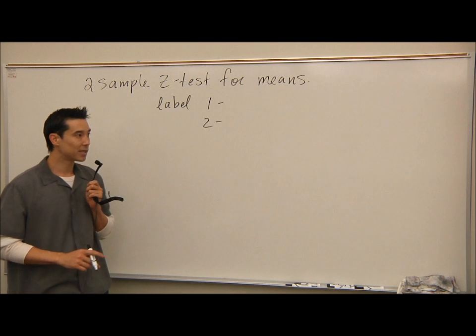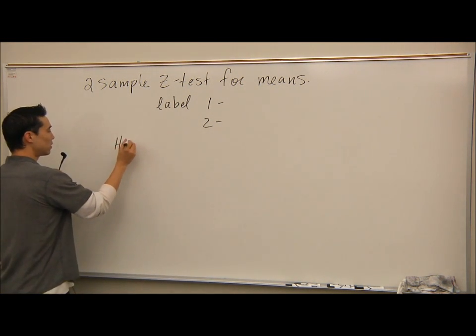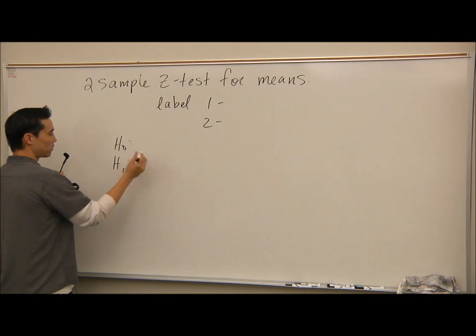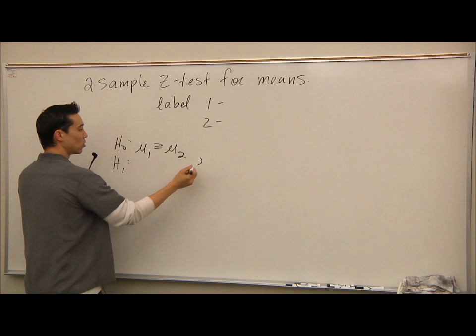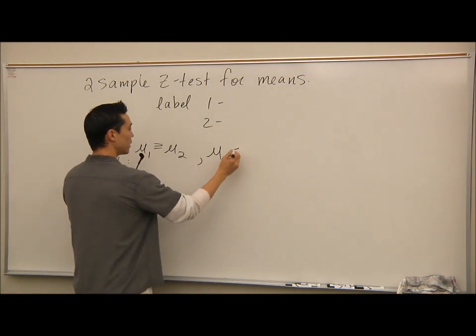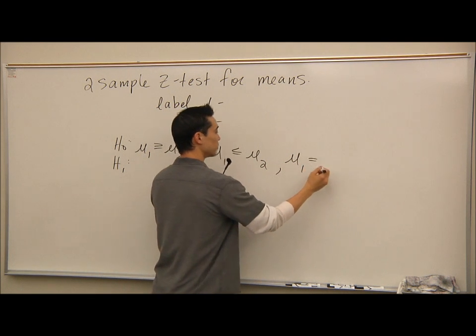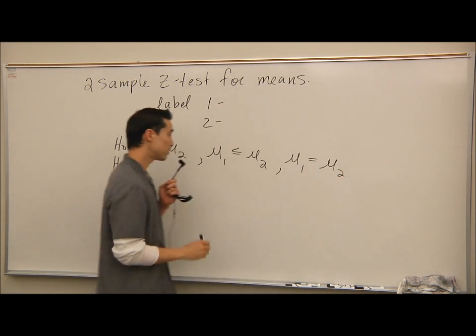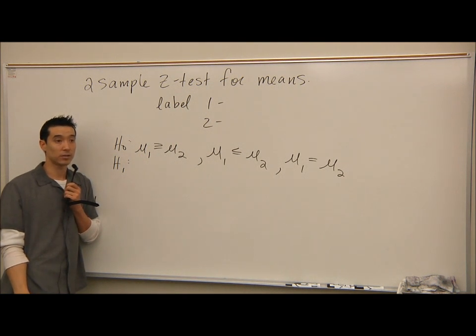Potentially we're going to have 3 cases: mu1 greater than or equal to mu2, or mu1 less than or equal to mu2, or mu1 equals mu2. These 1s and 2s are based on what you're labeling that population to be.